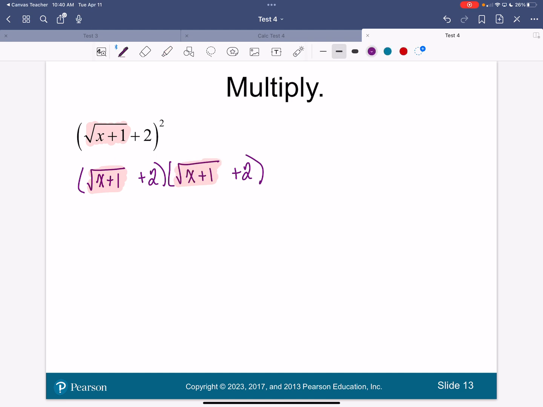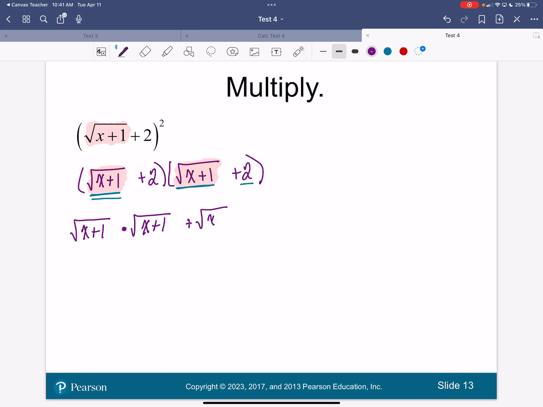So when I do first, this is my first term, and this is my first term. So that's going to be the square root of x plus 1 times the square root of x plus 1. That is my first. Then for outer, I'm going to have the square root of x plus 1 times 2.